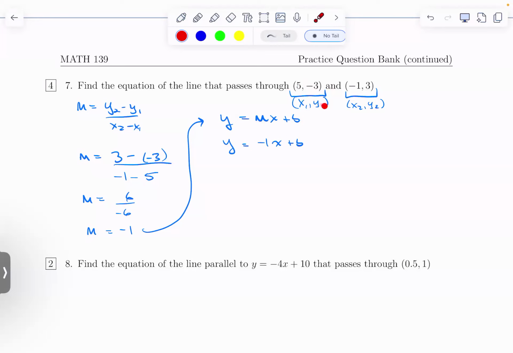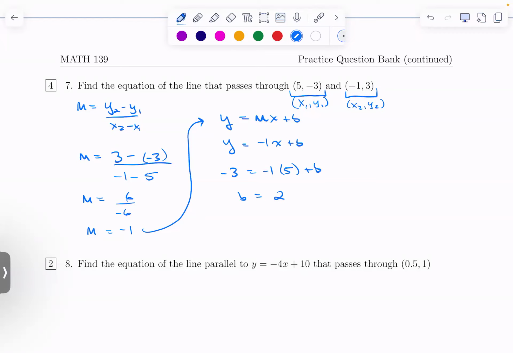Because I have an xy coordinate that's supposed to be on this line. So I just usually go for the first one, doesn't matter. -3 is equal to -1 times 5 plus b. Then I can solve for b. -3 plus 5 tells me that b must be 2.